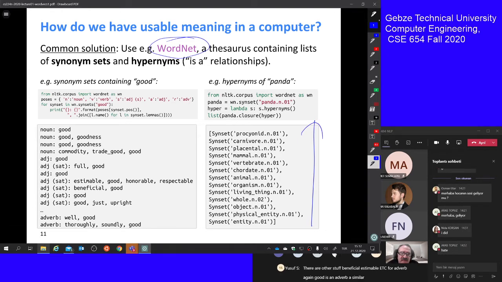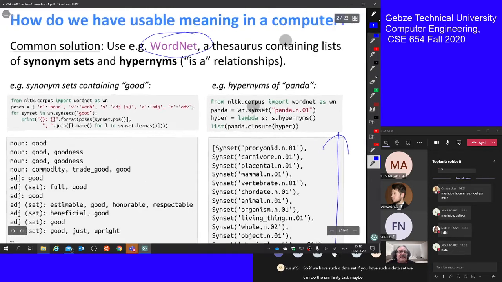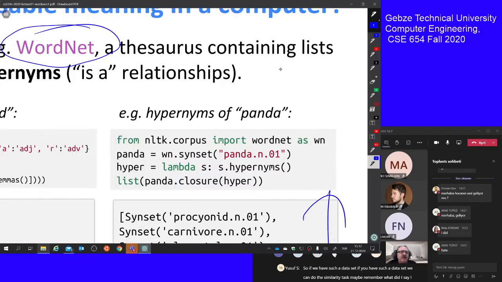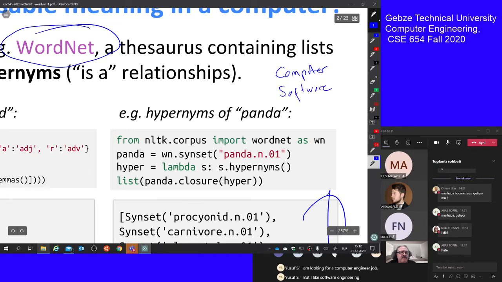So if we have such a data set, we can do the similarity task. Maybe remember, what did I say? I am looking for a computer engineer job, but I'd like software engineering jobs to come back.